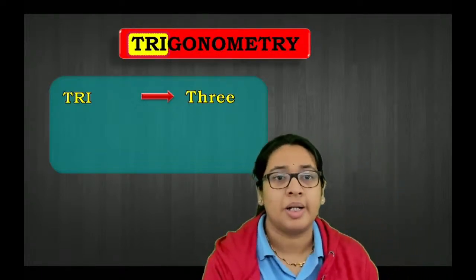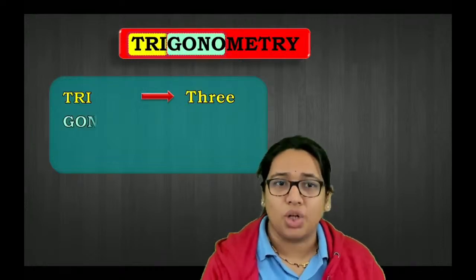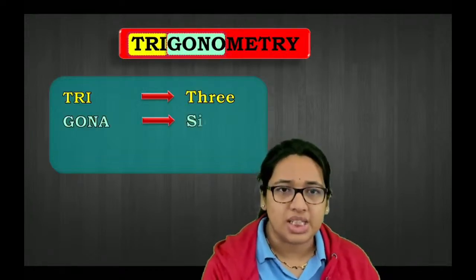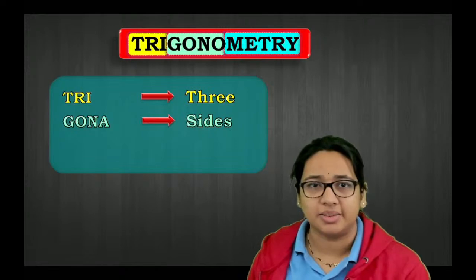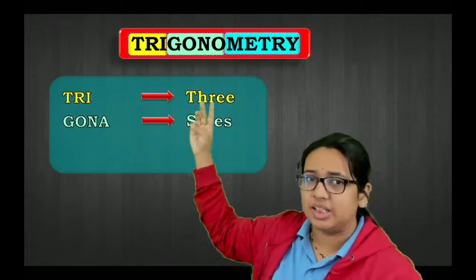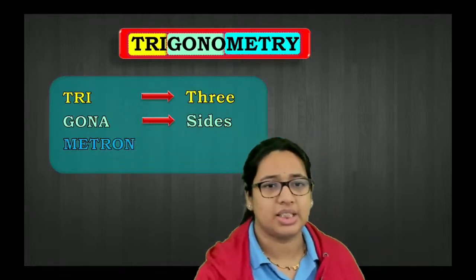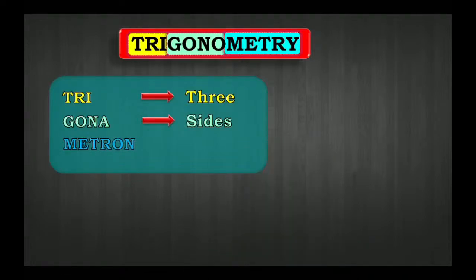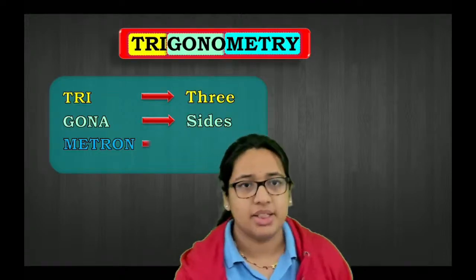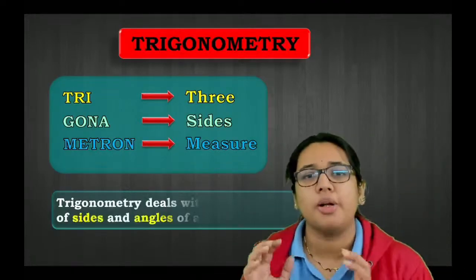But try then next one is gon, which is for sides. Tri is nothing but trigon is nothing but sides, and metry is nothing but distance. And the metron stands for measure.